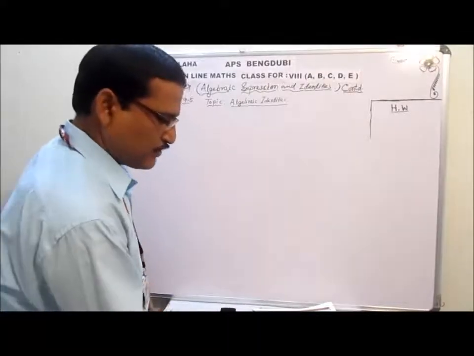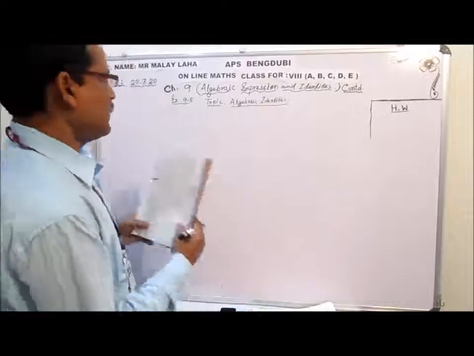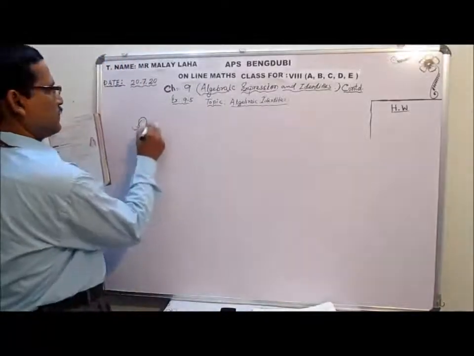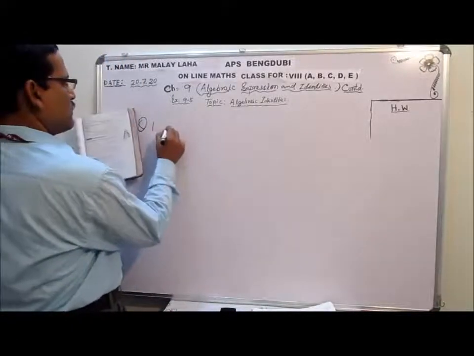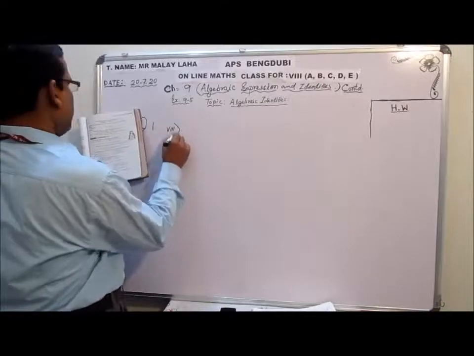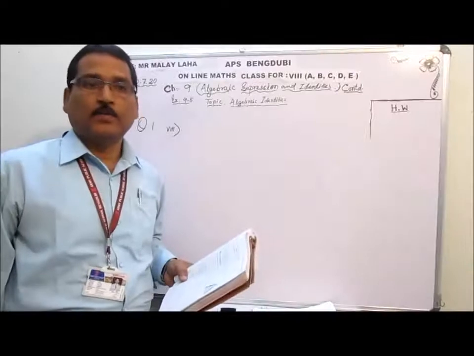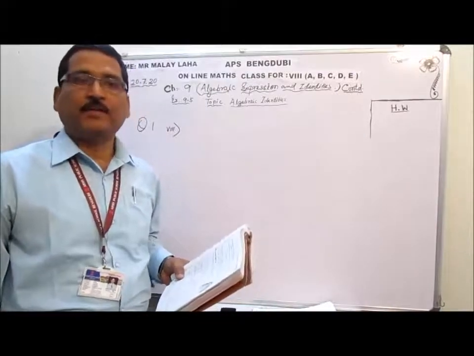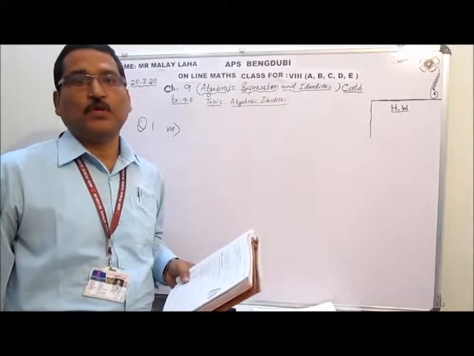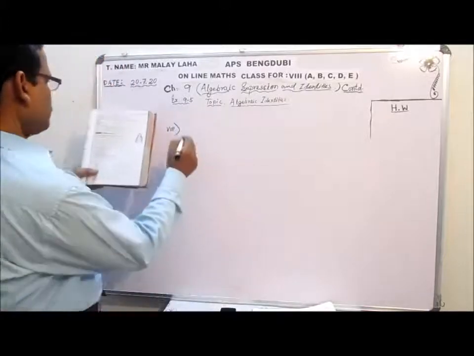Okay. Now question number 1, part 8. Same question. You have to see the particular identities where it will fit, and using identity you have to solve it. Okay.